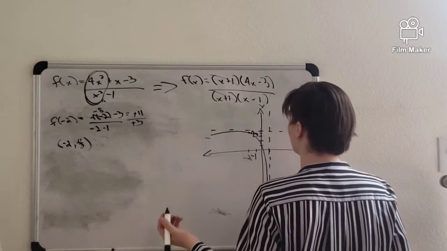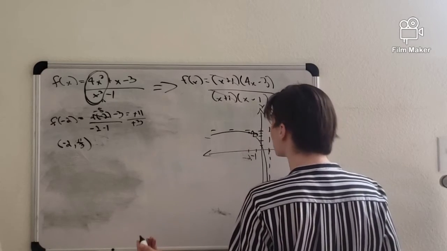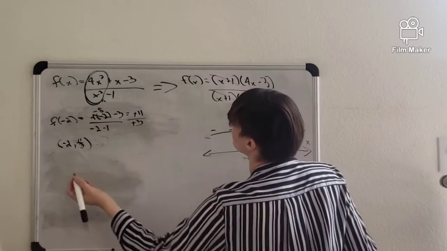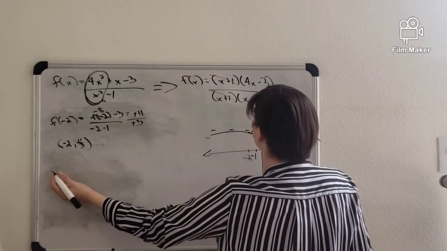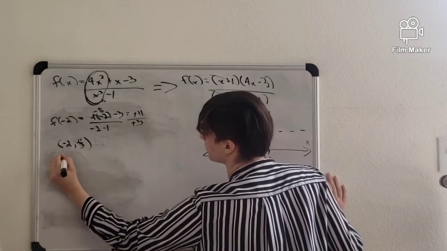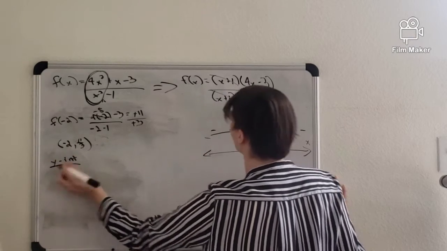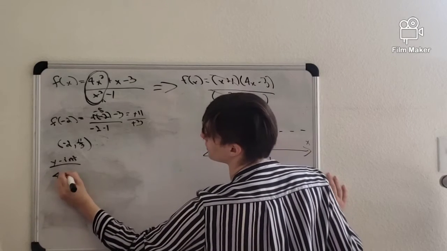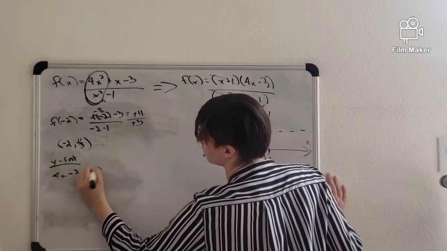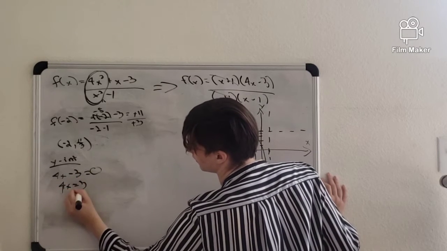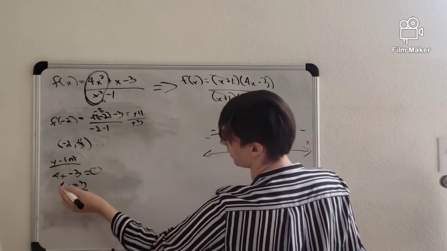Of course, you should always find your x and y intercepts, which is when they're equal to 0. I should have done that first, forgive me. So when your x is equal to 0, that's going to be your y-intercept, which really, once again, you're only setting your numerator equal to 0 because the denominator will always cancel out. So it should be 4x equals 3, x equals 3/4 when y equals 0.